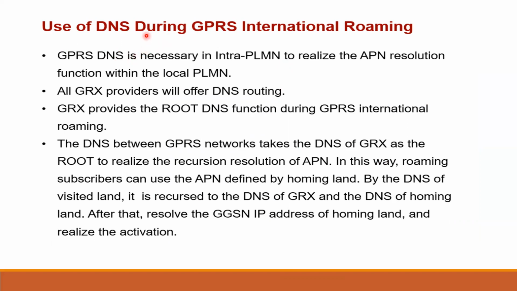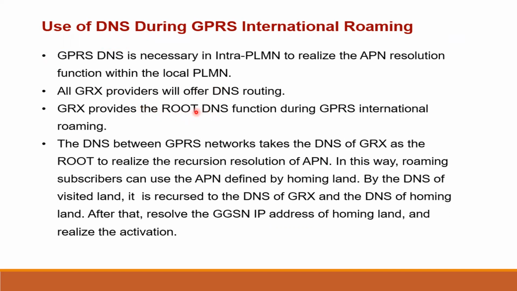One DNS is your Gi DNS, which is basically used to resolve different URLs into IP addresses. This is your Gn DNS, which is basically used for APN resolution. In case of roaming, it tries to resolve the APN of a roamer into its specific GGSN IP address. All GRX providers will offer DNS routing, and GRX providers provide the root DNS function during international roaming.